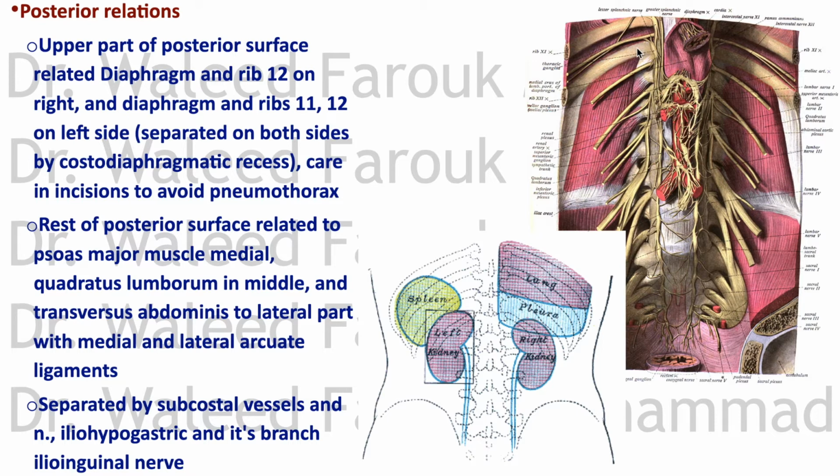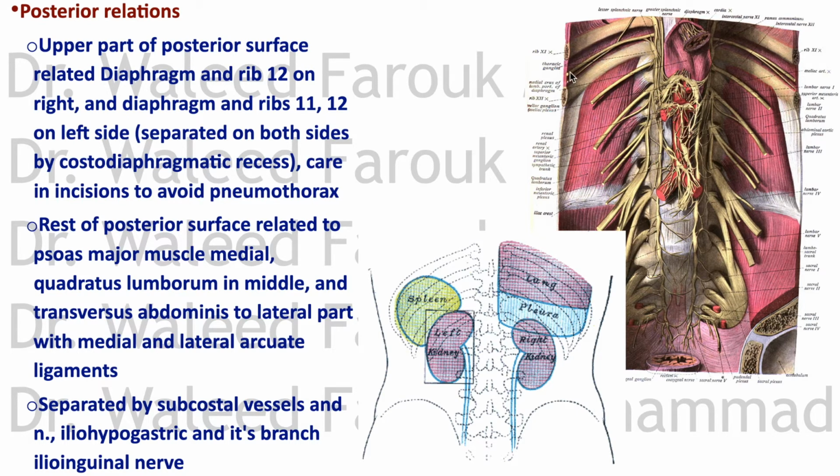And this is a major problem when you try to obtain a specimen, a needle biopsy, from the kidney, especially if the patient is obese. You cannot feel the last rib, so you think the last rib, which is the 11th, is the 12th rib, and you go below it and you think that you cleared the costal margin, or you cleared the 12th rib, but no, you are entering the 11th space instead, and you are entering eventually into the costodiaphragmatic recess.